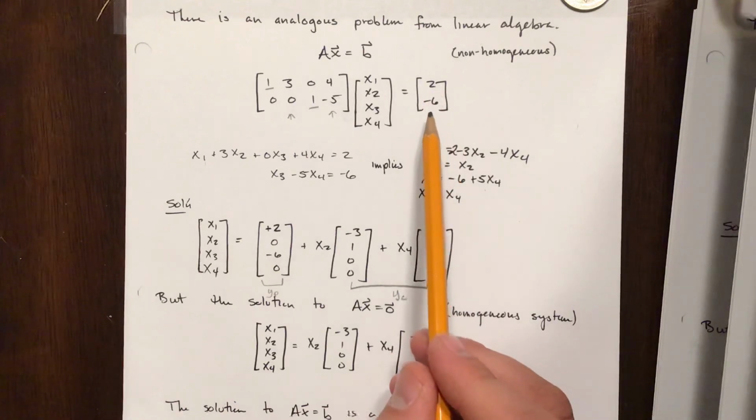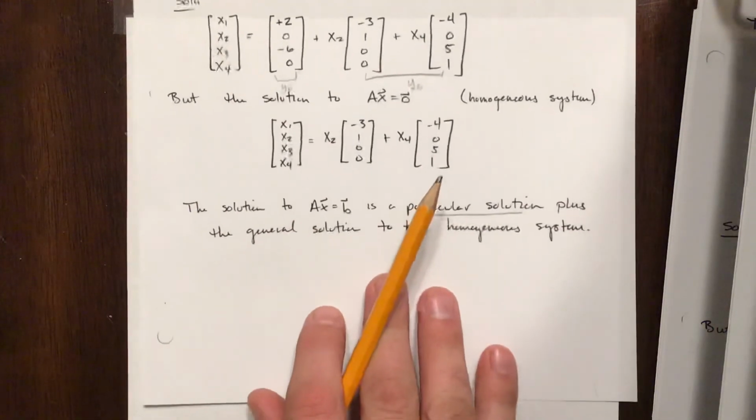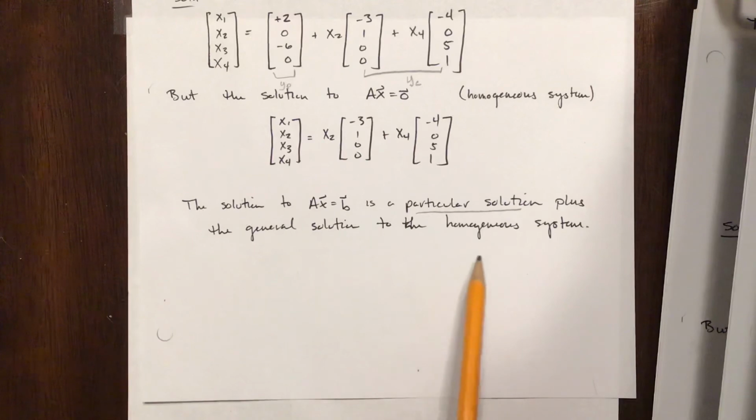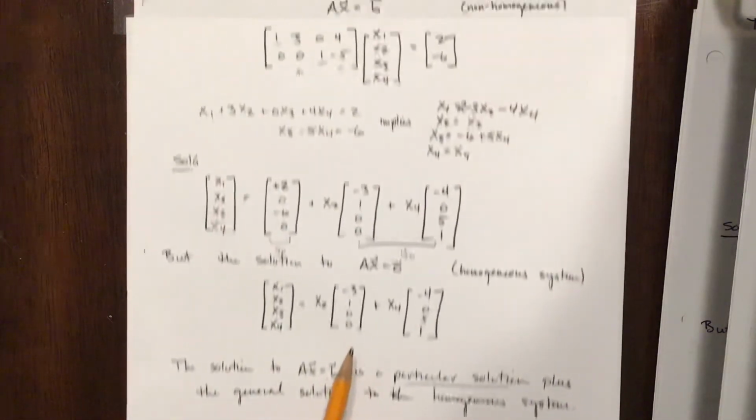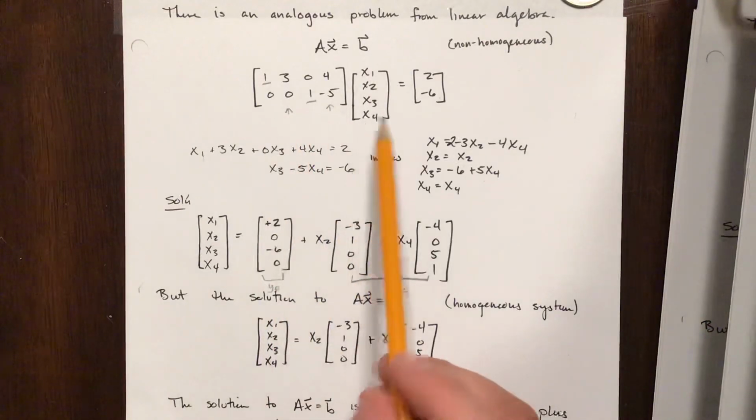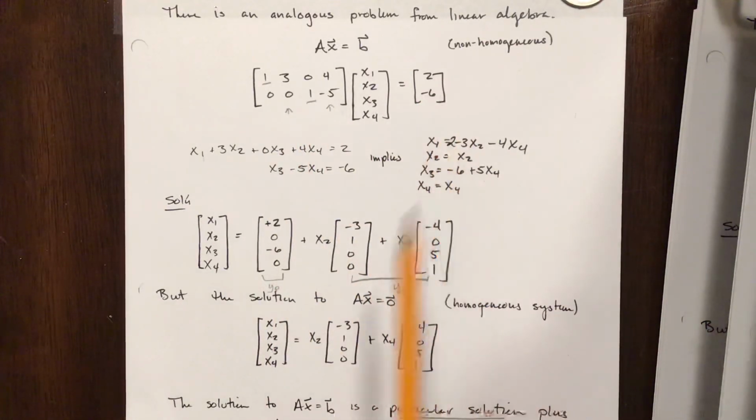As this changes, the particular solution changes. Plus the general solution to the homogeneous system, and that's the same equation, but with 0 here instead of 2, negative 6.